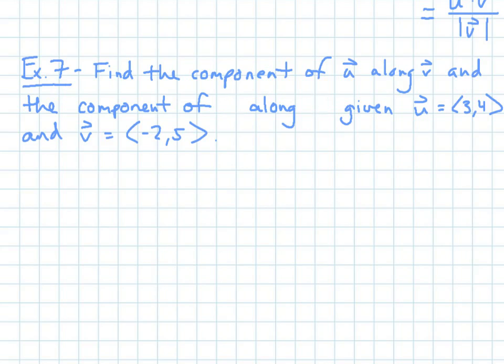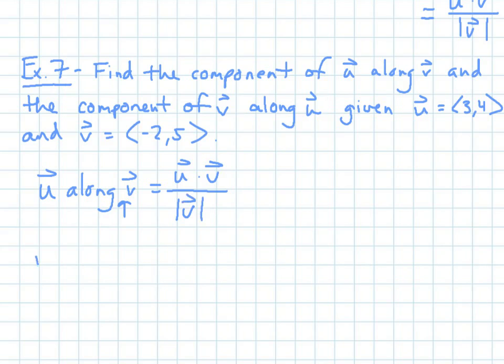I want to find the component of vector u along vector v, and I want to find the component of vector v along vector u. So I go both directions. If I want to do vector u along v, then that just means it's your dot product with, and it's always going to be the magnitude of the second one here.